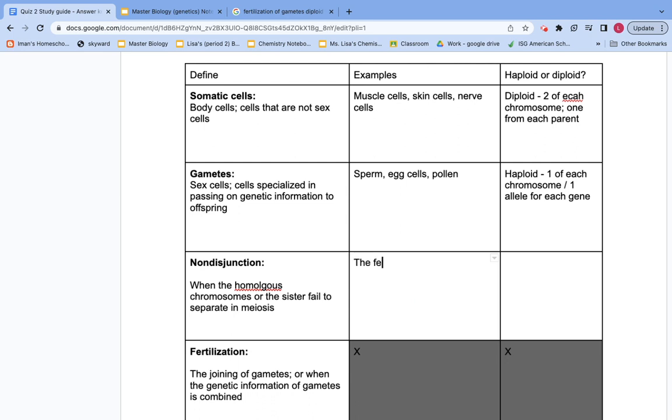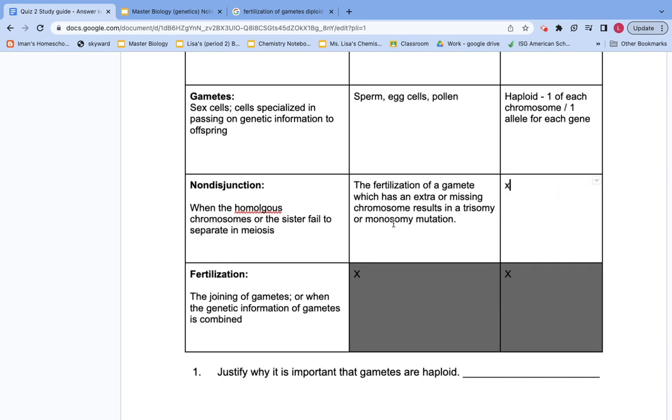So the fertilization of a gamete which has an extra or missing chromosome results in a trisomy or monosomy mutation.